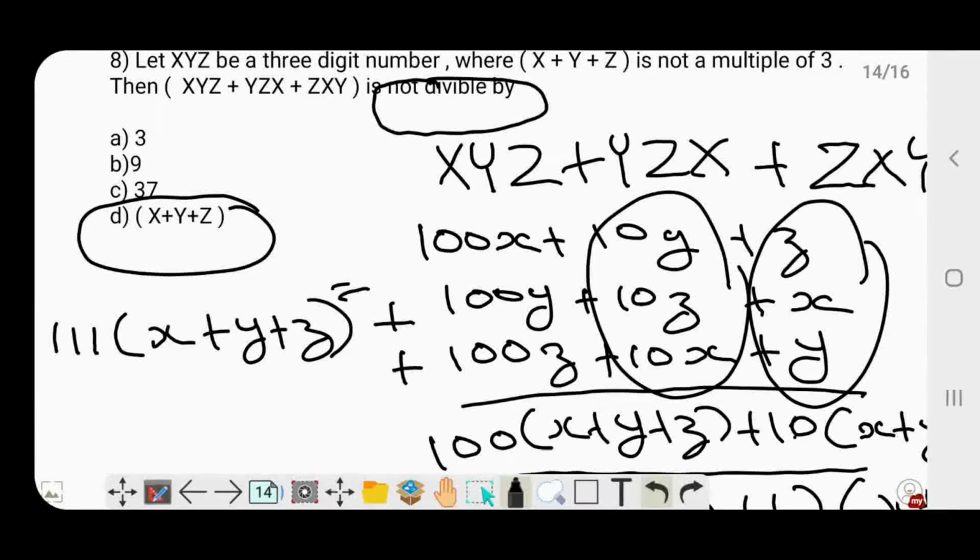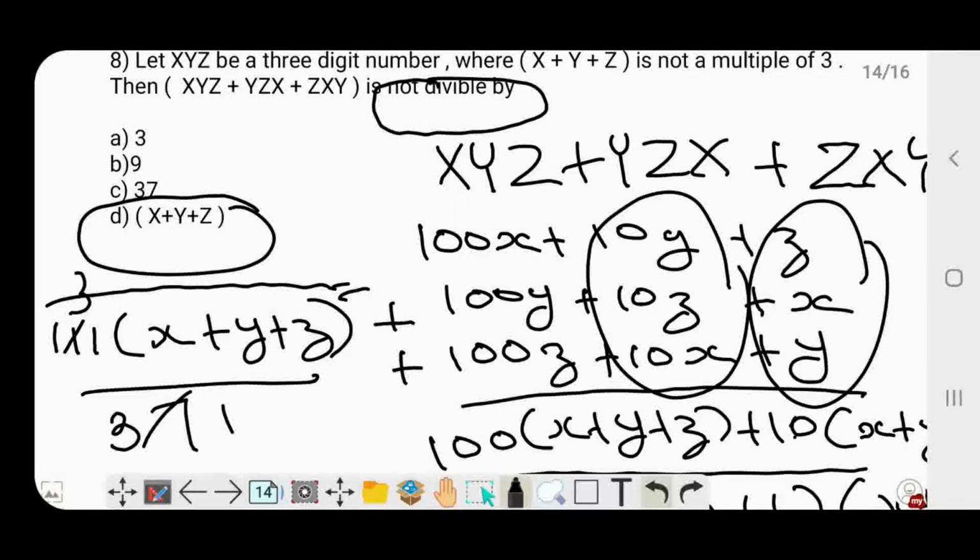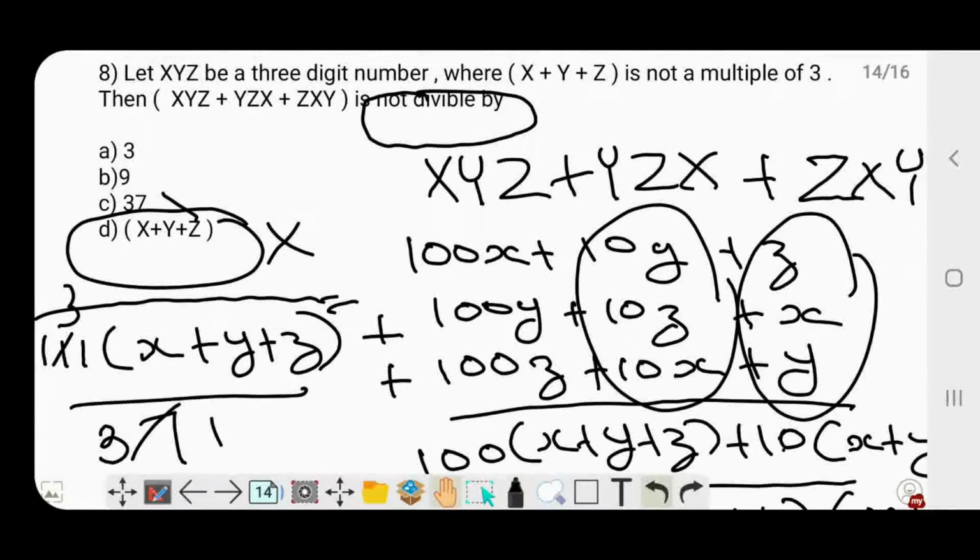The second option is 37. Let's see whether 111 into (x plus y plus z) is divisible by 37. 37 into 3 is nothing but 111, so it is also divisible by 37. So C and D are not the right answers.